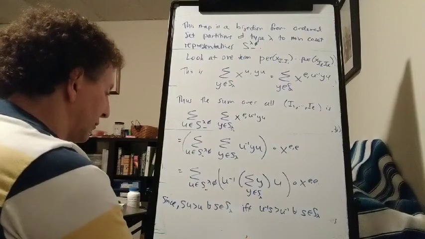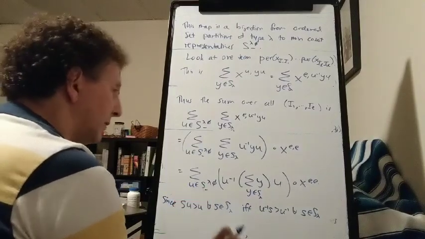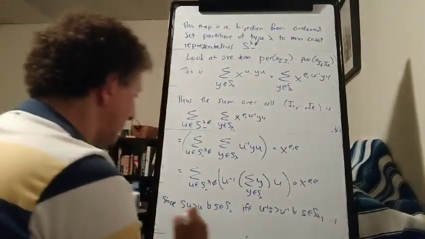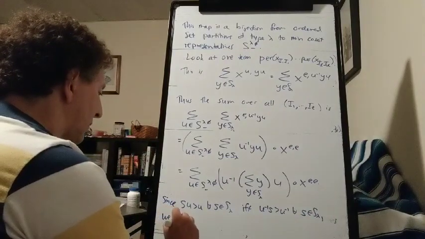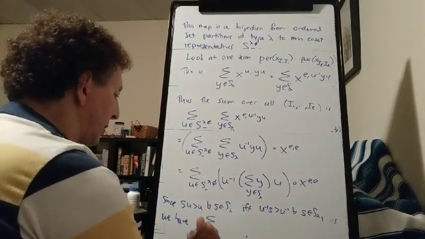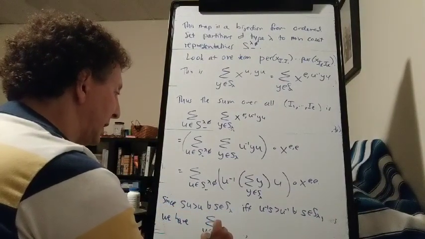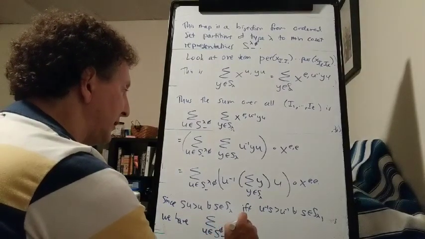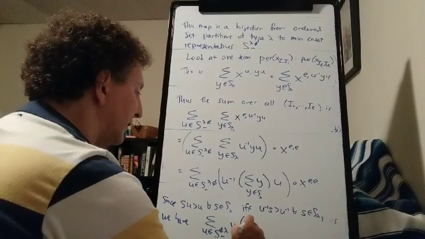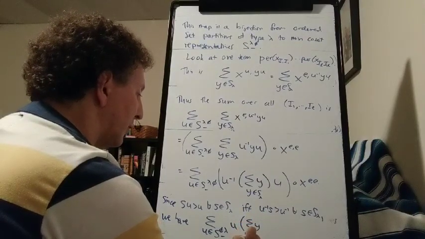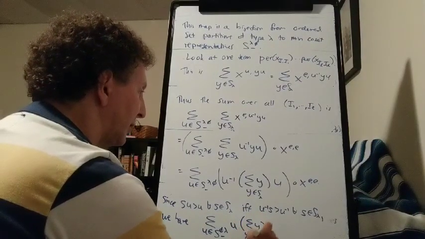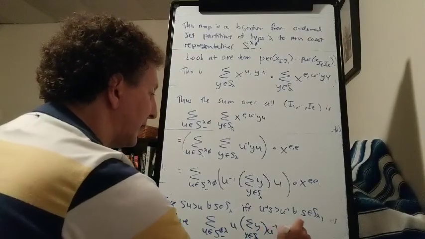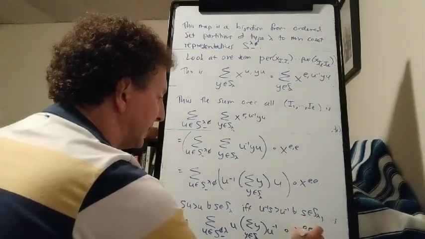So since this is true, we have a sum over u in S empty set lambda minus, u, sum of y in the Young subgroup, u inverse, applied to xe.